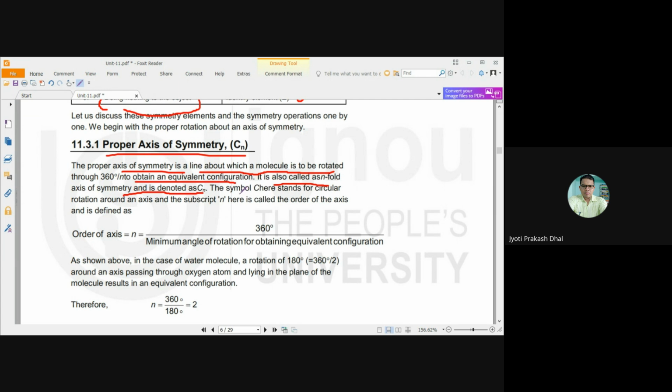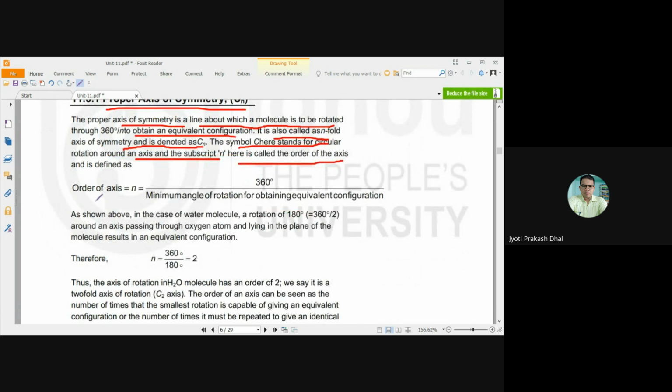The symbol C stands for circular rotation around the axis, and the subscript n is called the order of the axis. The order of axis n equals 360 divided by the minimum angle of rotation for obtaining an equivalent configuration.